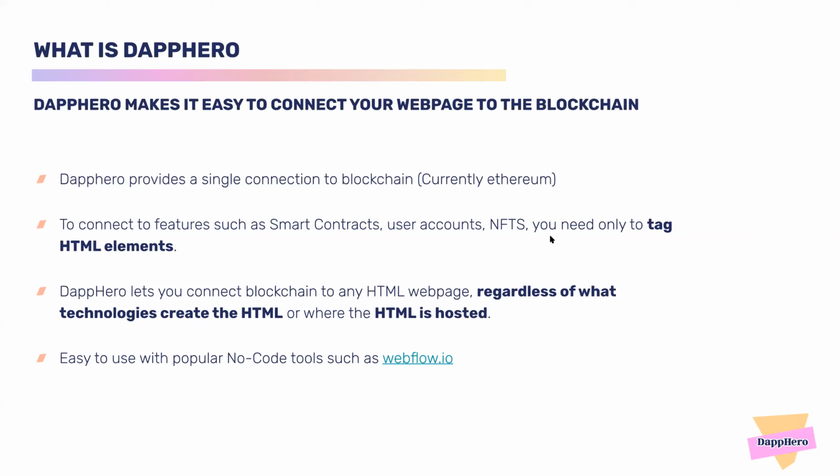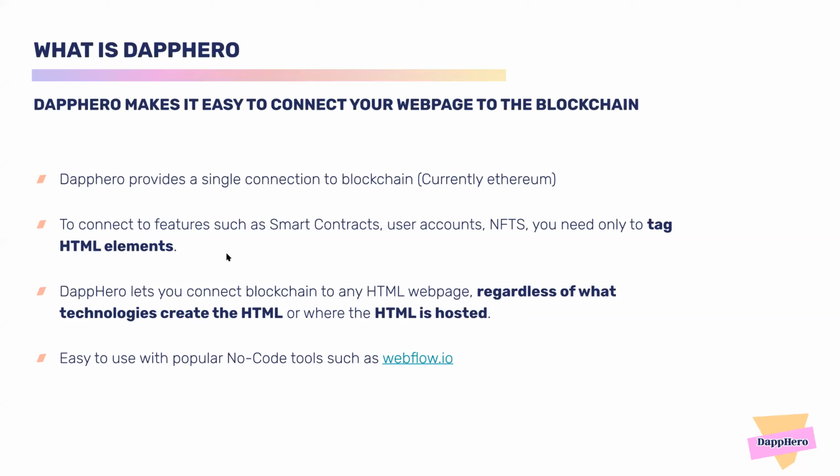So we provide a single connection to the blockchain, which means that we make it really convenient and easy for you. You can connect to features such as smart contracts, users' accounts, NFTs, using only HTML tags. And like I mentioned, you can use this anywhere that you generate HTML.